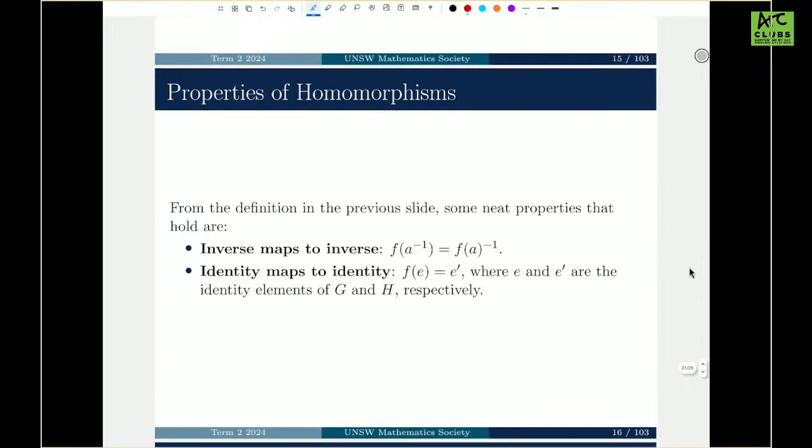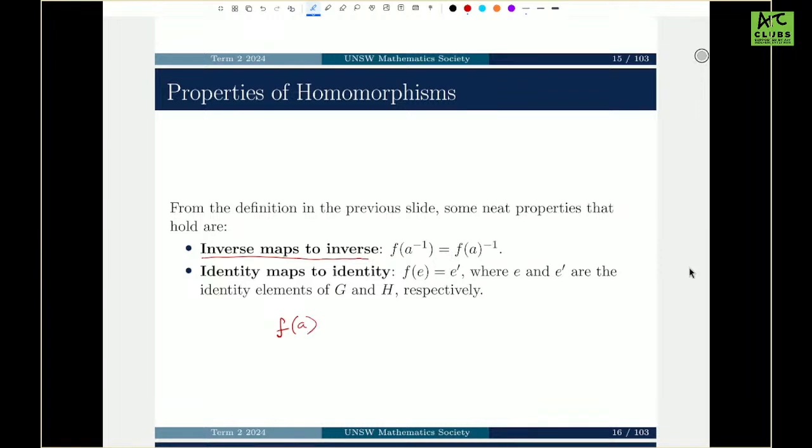Okay, properties of homomorphisms. We can show some of these things. So inverse maps to inverse: f of A inverse equals f of A, inverse. And we can show this by just showing the inverse axiom.